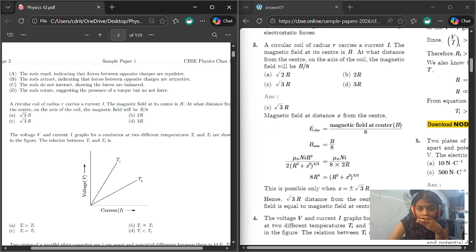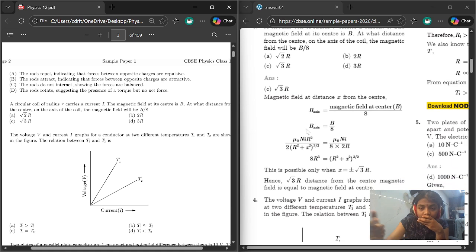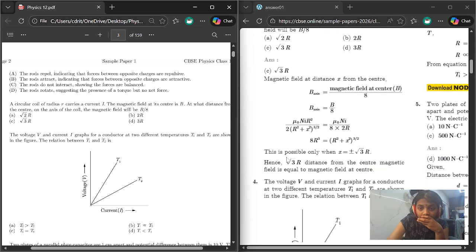Okay, so this is the axis. So B axis is equal to B by 8, and then the formula, which is mu naught n I r square divided by 2 times (r square plus x square) to the power 3 by 2, is equal to mu naught I divided by 8 times 2r. This gives us 8r cube is equal to (r square plus x square) to the power 3 by 2.